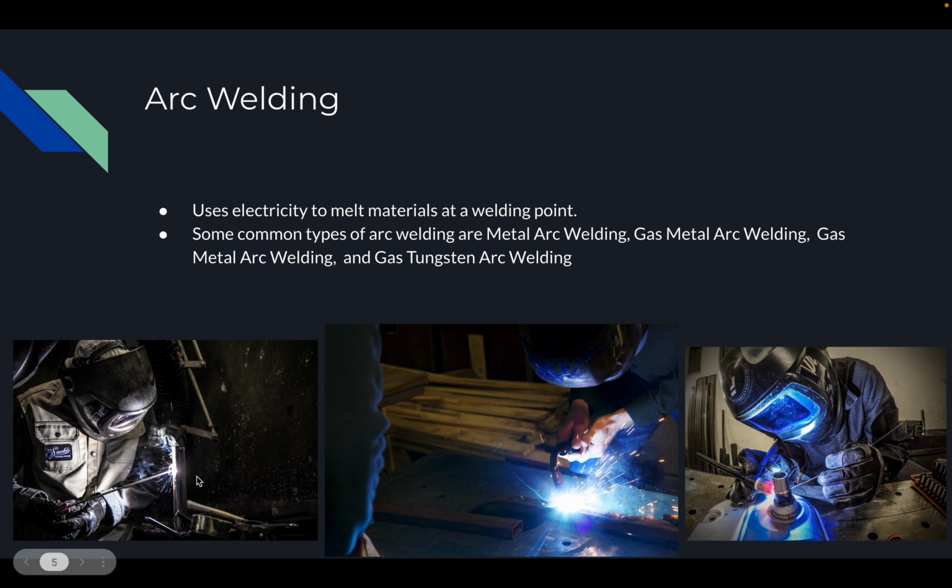That way it is waterproof, because if this stick gets even just a little drop of water, it's just kind of ruined. The other type of welding we have right here is called gas metal arc welding. This is also known as MIG welding. What makes it different from stick welding is that the stinger is a little bit different. It's more shaped like a gun.